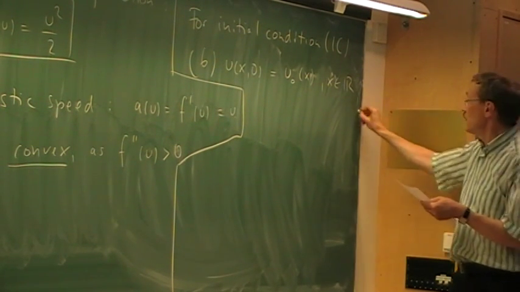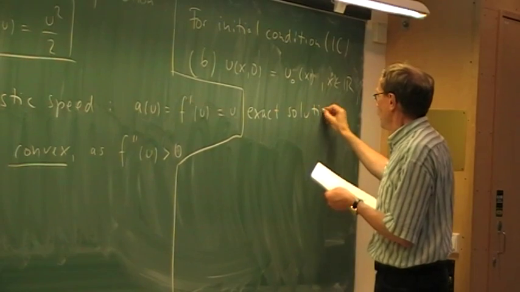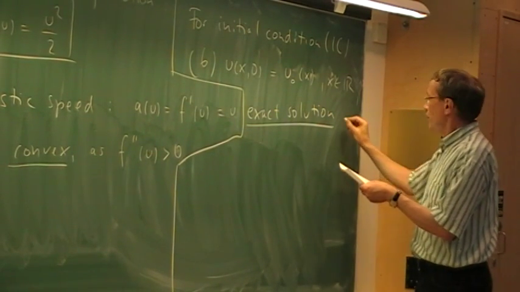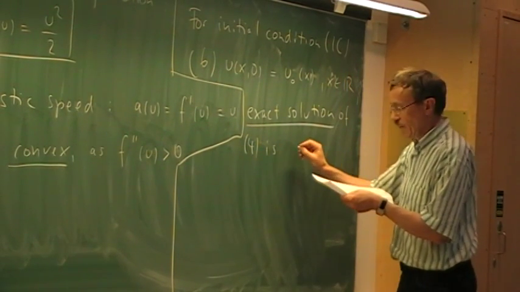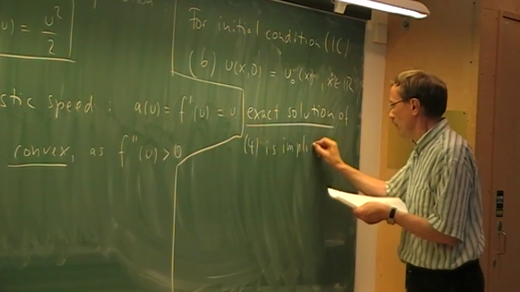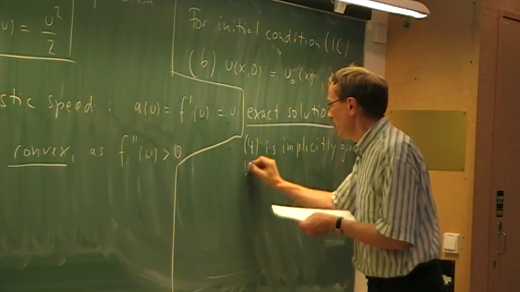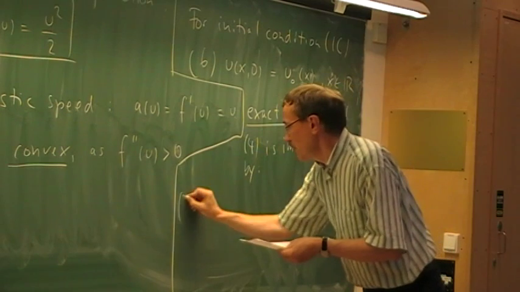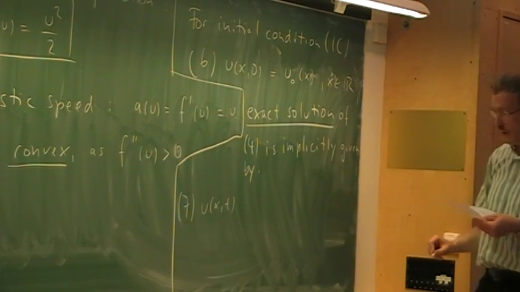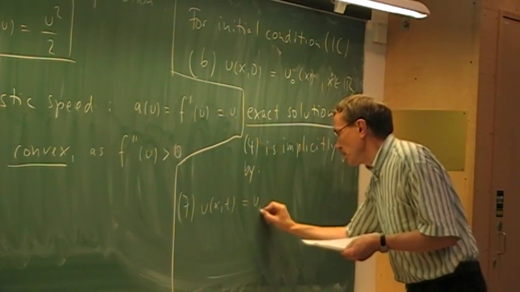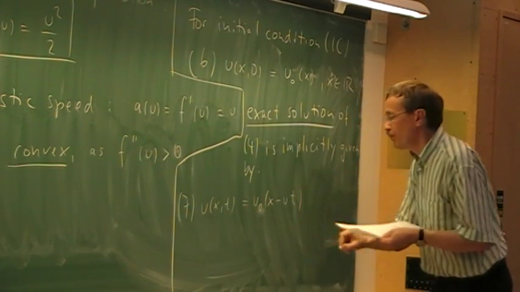For this initial condition, the exact solution of the inviscid Burgers equation is implicitly given by the following, that is 7, that we can say the solution at any time t at x is equal to the initial condition u0 of x minus ut.